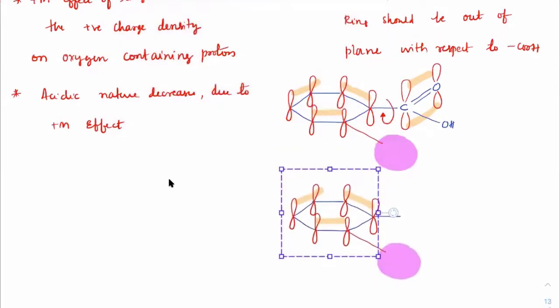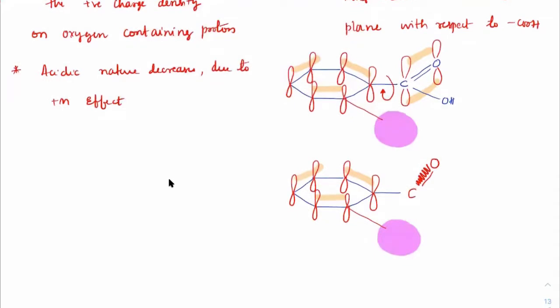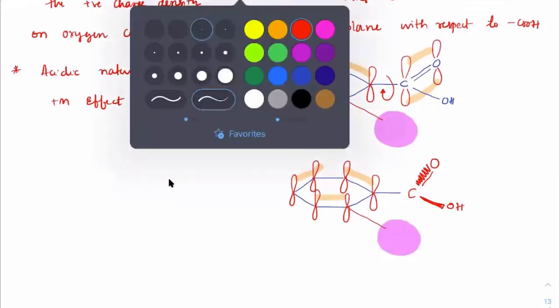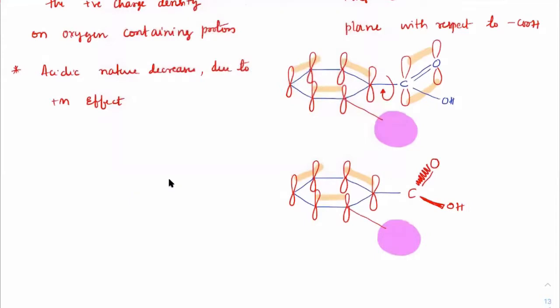So up to benzene this is on one plane, but now COOH will go into the other plane where this oxygen has gone inside with a double bond here, and this oxygen has come outside, and the pi bond which is present is on the plane which is perpendicular to this pi bond now.